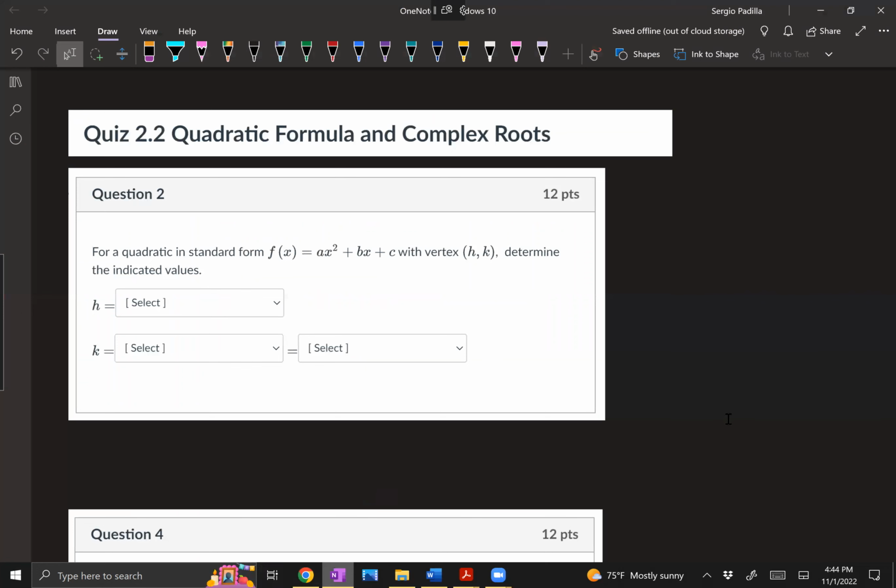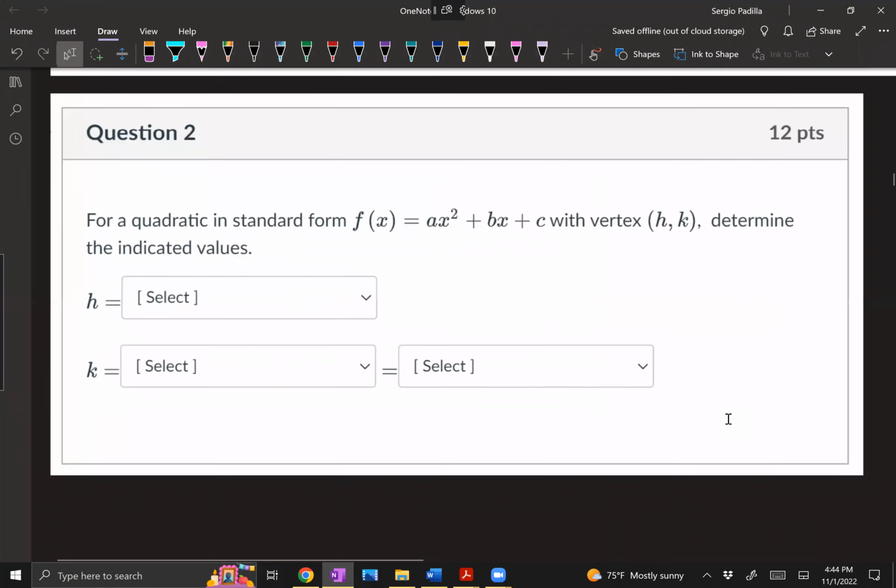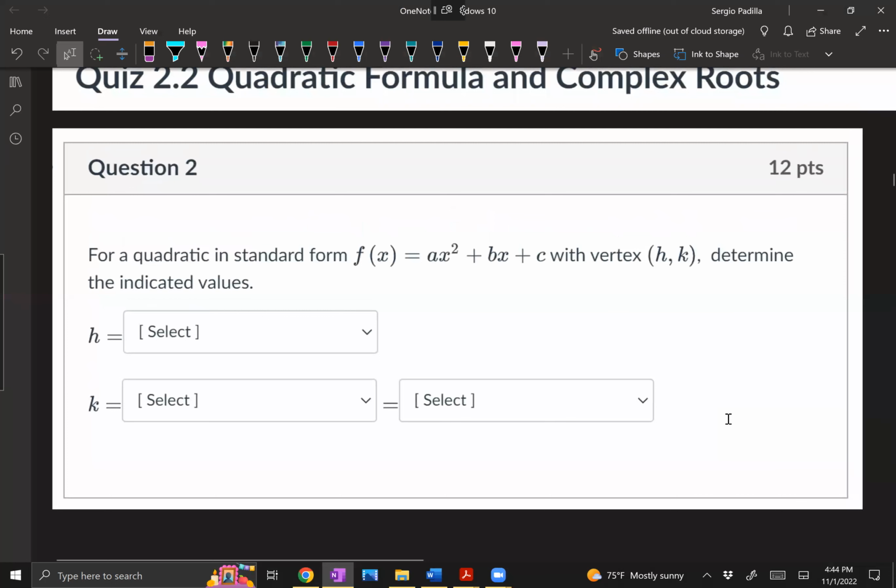This is just your basic stuff. Here's just a little bit of review. Let's say I have a quadratic equation. This one's very general, standard form, ax squared plus bx plus c. A, b, and c, of course, would be numbers, typically. But we want to find h and k, the vertex. Now, remember, I gave you guys formulas for this.